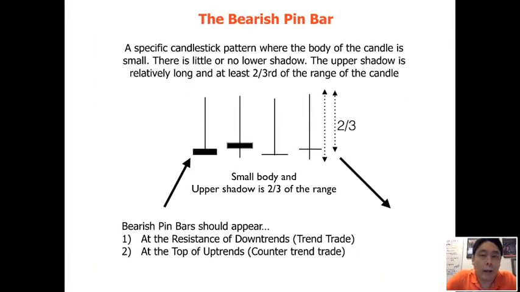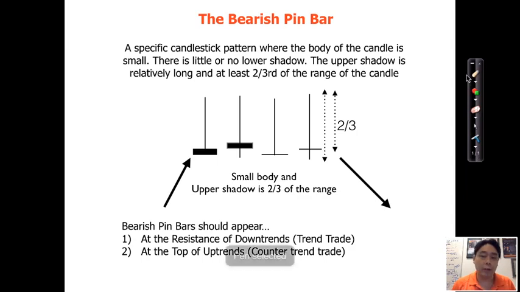All right, so let's take a look at the opposite of the bullish pin bar, which is the bearish pin bar. The bearish pin bar looks similar, except that it's the flip side of the bullish pin bar. So similarly, you have a small body and a long upper shadow this time, with a small or non-existent lower shadow.